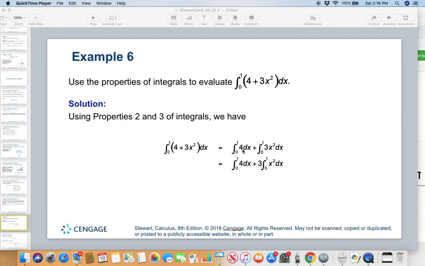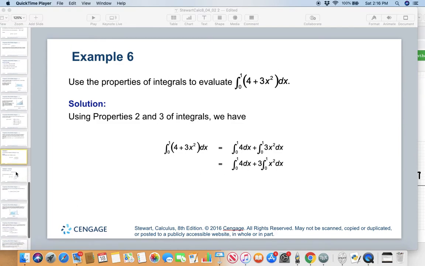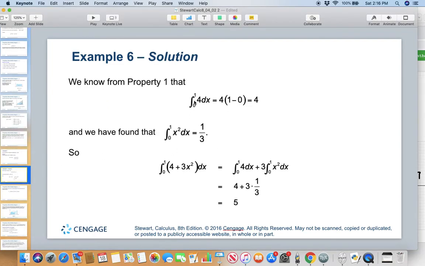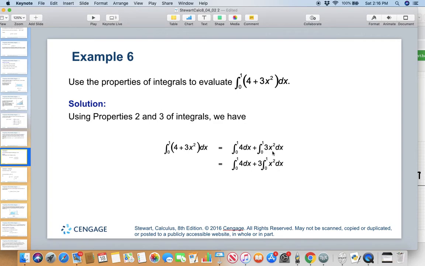This is a constant. The constant integral is easy. The constant comes out, upper limit minus lower limit. Whereas here, this constant is being multiplied to a function, an expression in x.